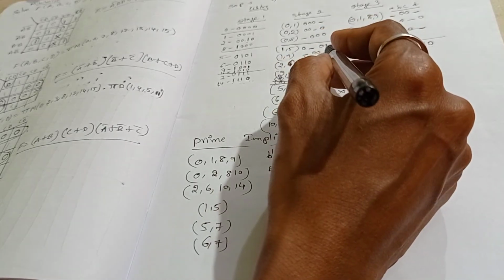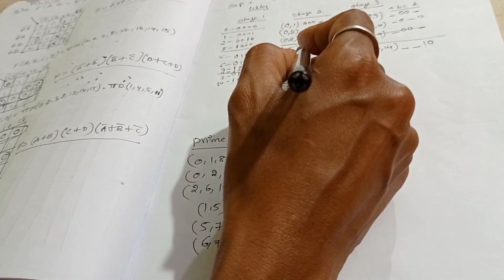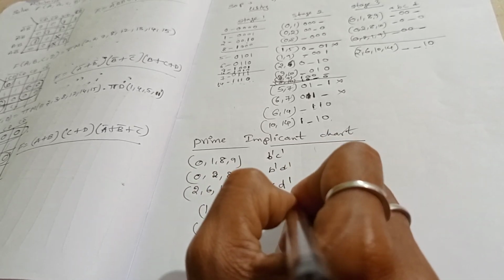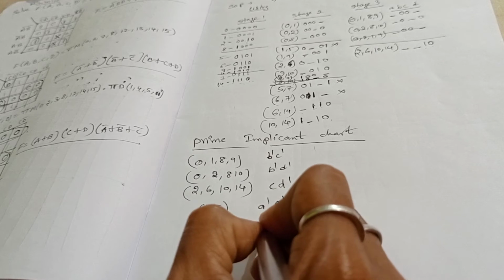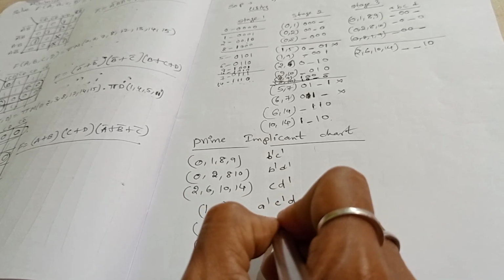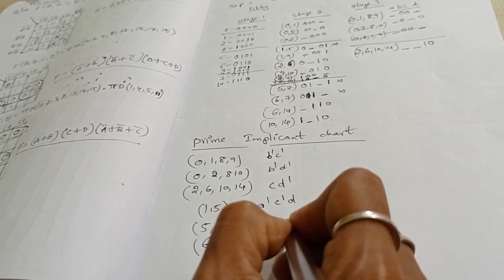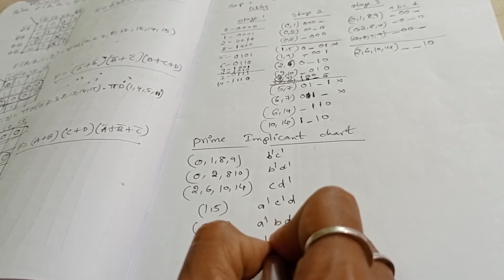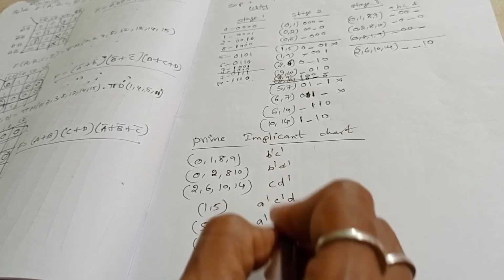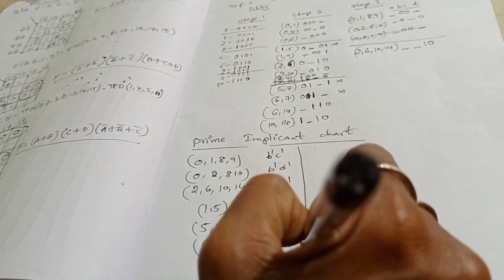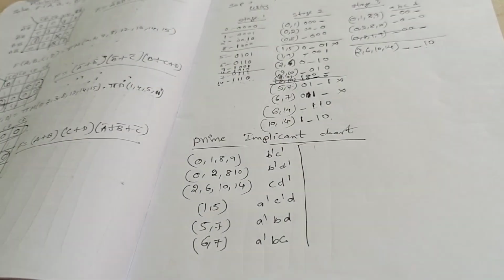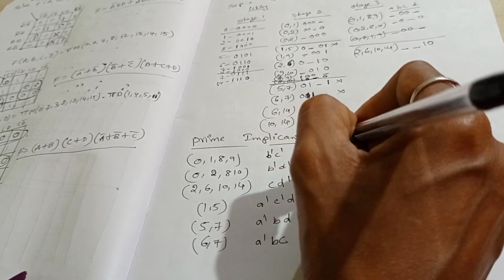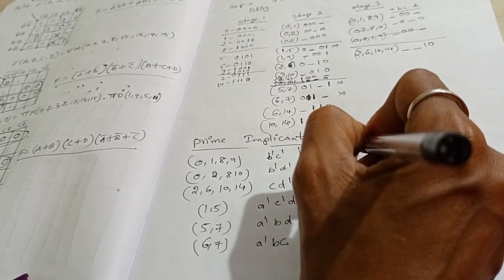Next, for this, the minterm is A bar, C bar, D. And for this, A bar, B, D. The next is A bar, B, C. These are all row wise.